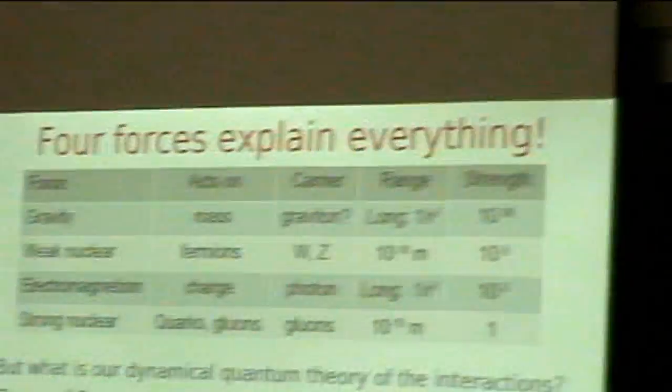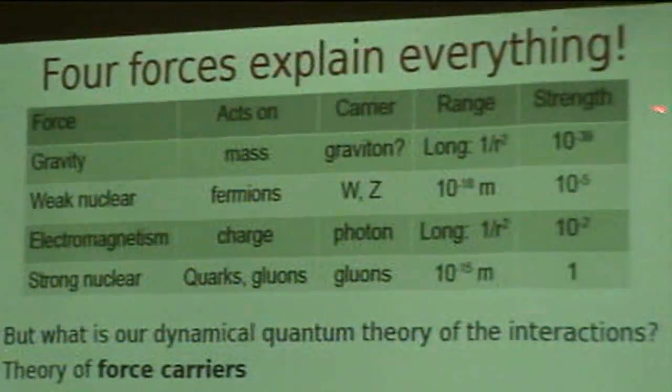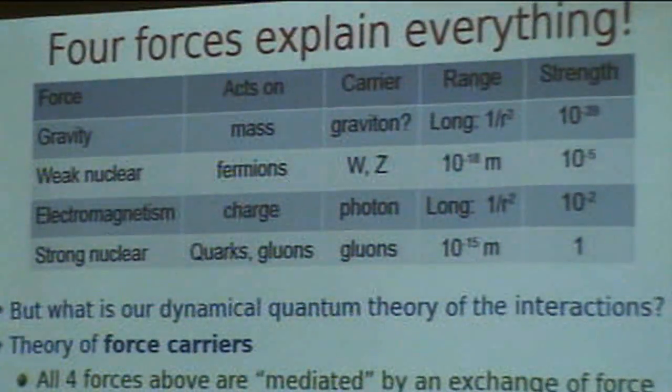I've put here in this table these 4 forces ordered by strength, with the strong nuclear one, which is the strongest, just being a factor of 1. Okay? So gravity, as I was saying before, is super weak. That's why you need huge masses like the sun and the earth, or the earth and us, to be actually measurable.